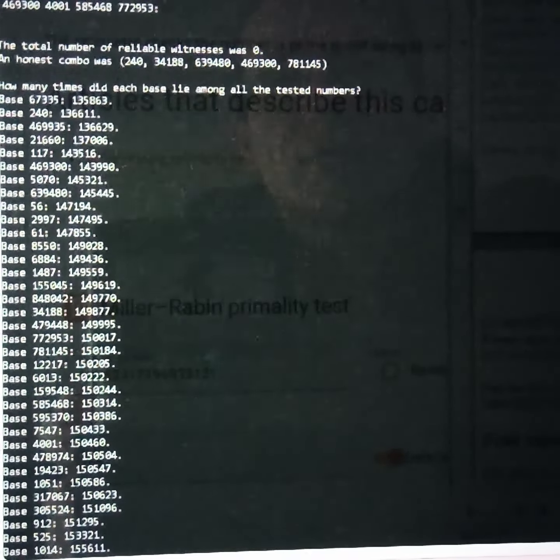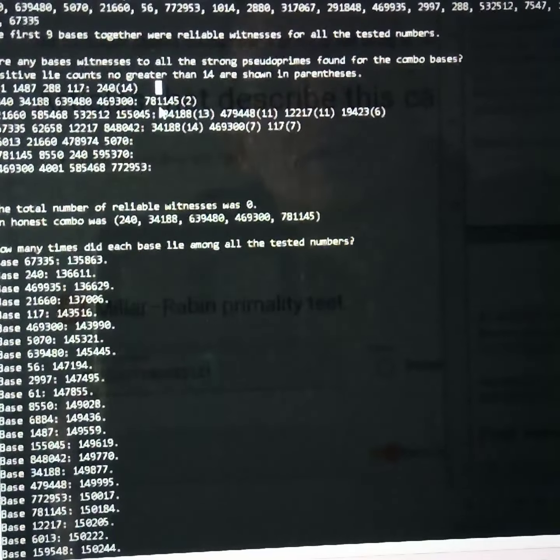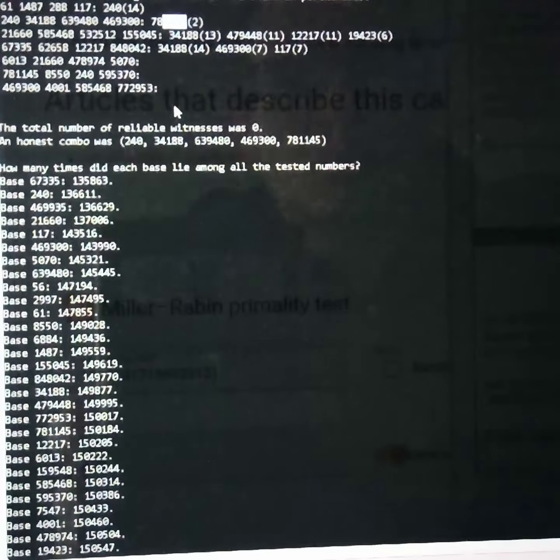Now notice that this particular one that I had pointed out, where I was able to find the second strong pseudoprime to all 5 of them, among these numbers tested, it only lied on one additional number. It's quite good. And then this first one, for these 4 bases, there was just a single base that was used, which lied on 14 or fewer.